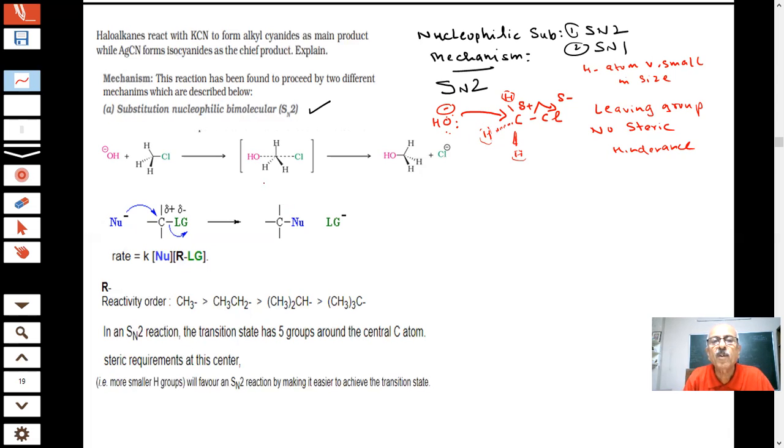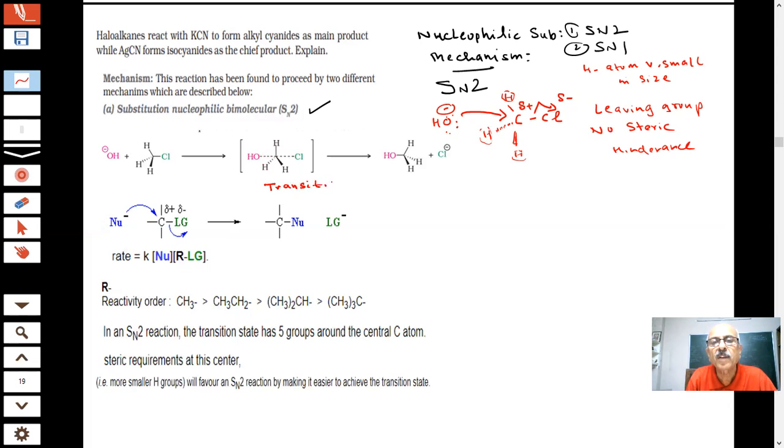In between, we have shown a transition state. In this state, the OH bond is forming and the CCl bond is breaking as the reaction takes place. In it, you can see carbon is having 5 species, which is a very unstable situation. This is called a transition state.